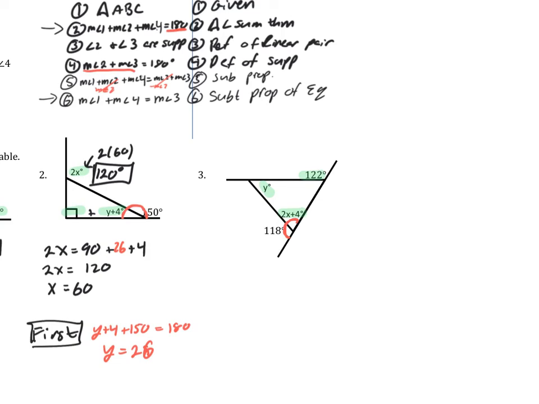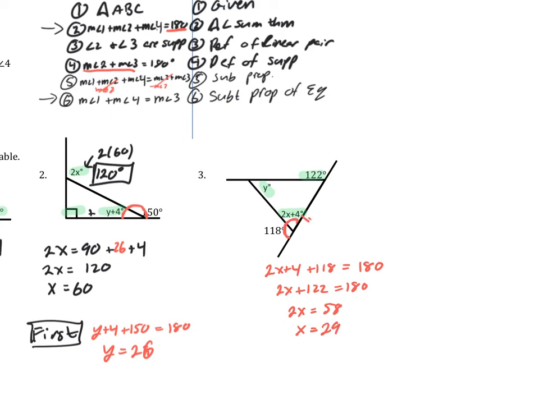So I know that 2x plus 4 plus 118 needs to equal 180 degrees, okay? Or 2x plus 122 needs to equal 180. Subtract 122 from both sides. 2x needs to equal 58, or x needs to equal 29.